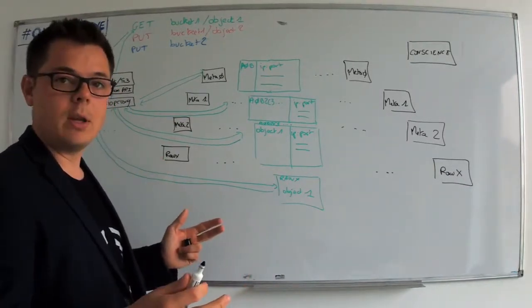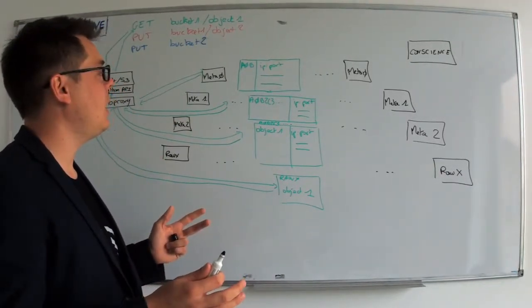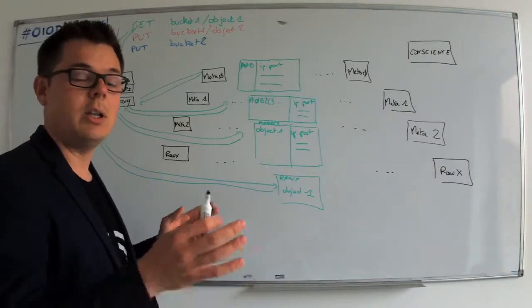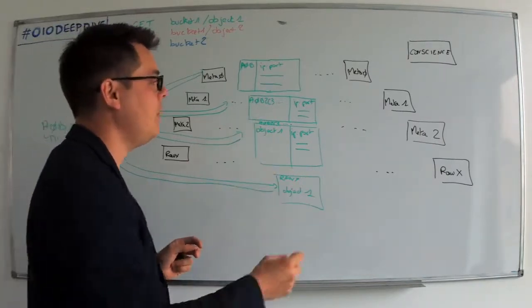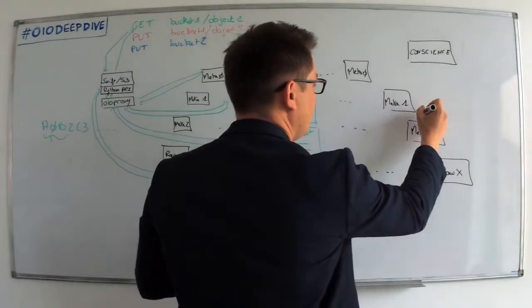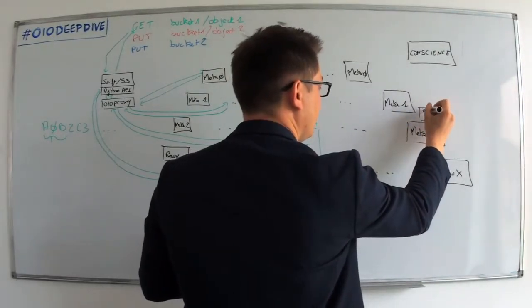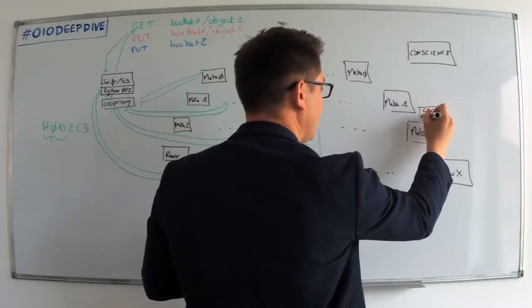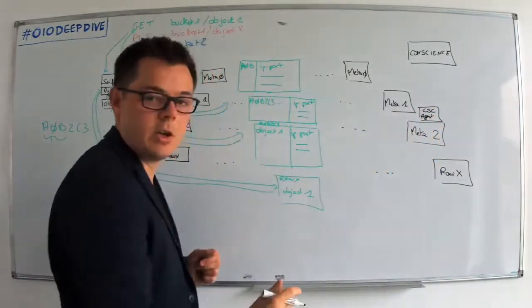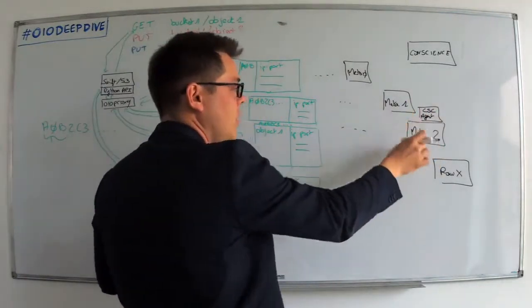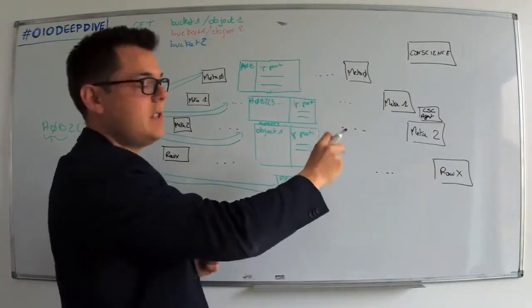You have one conscience agent in each node of the platform. So let's say that you have a conscience agent here. I will put CSC agent. This conscience agent will get information about the services started on this specific node.